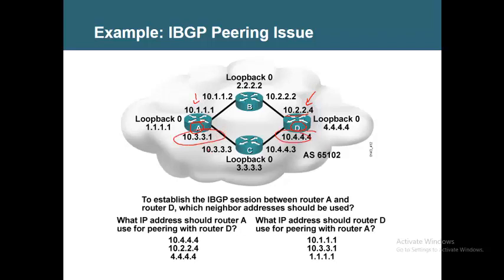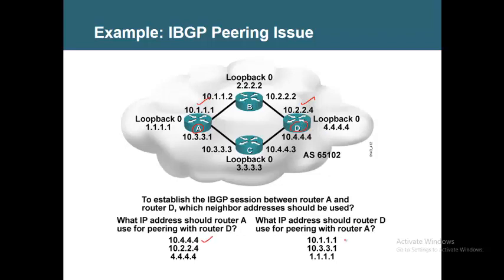Now let us assume your answer as the option. Let's say this is configured as the neighbor in A and this is configured as the neighbor in D. Let us assume this as the answer.